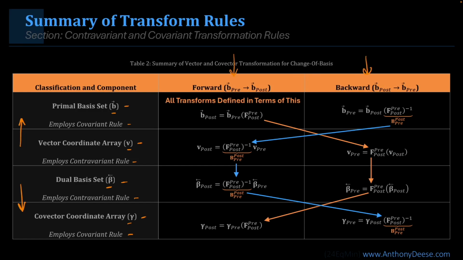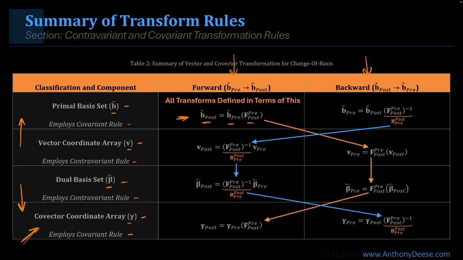Okay, so let's start off with the one that's the most fundamental, and that is the forward transform of the primal basis. B post is equal to B pre times the forward transform matrix. We expect to see a similar forward transform for the other covariant component, which is down here, the covector coordinate array.